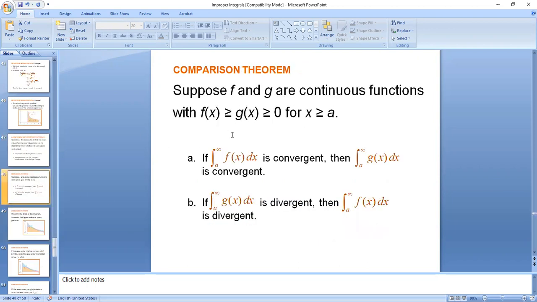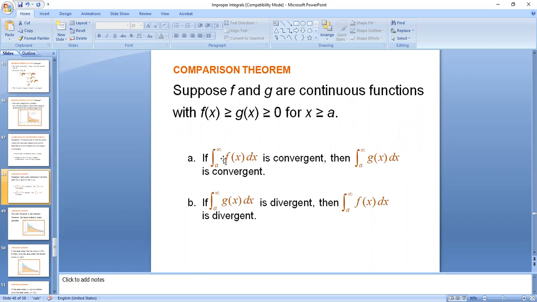Suppose you're given the functions f and g, which are continuous, with f of x greater or equal to g of x, where g of x is also greater or equal to 0, as long as x is greater or equal to a. If the integral of f from a to infinity is convergent, then the integral from a to infinity of g of x is also convergent.